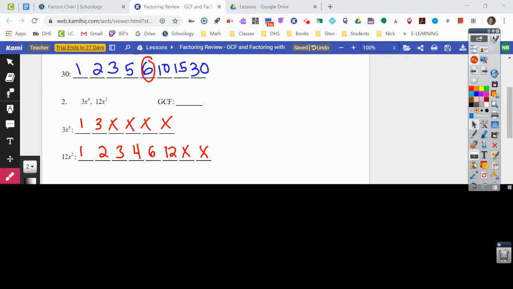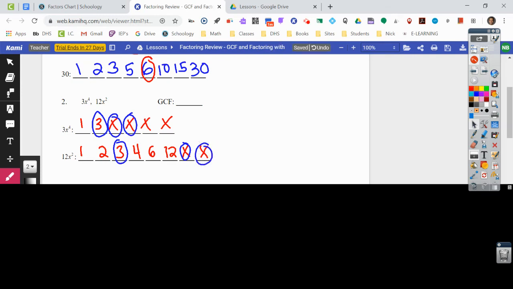We should circle both our numbers and letters for our GCF so we have a visual. Between my numbers, they both have a 3 in common, and they have 1 x and 2 x's in common.